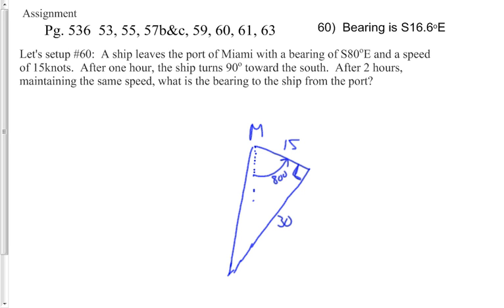And there's the ship down there, so we'll put S for ship. They want the bearing direction from Miami to the ship. What direction is this line that I'm now highlighting in red? What bearing measurement is that? All right, show your work, draw pictures, show the equations, and so on.